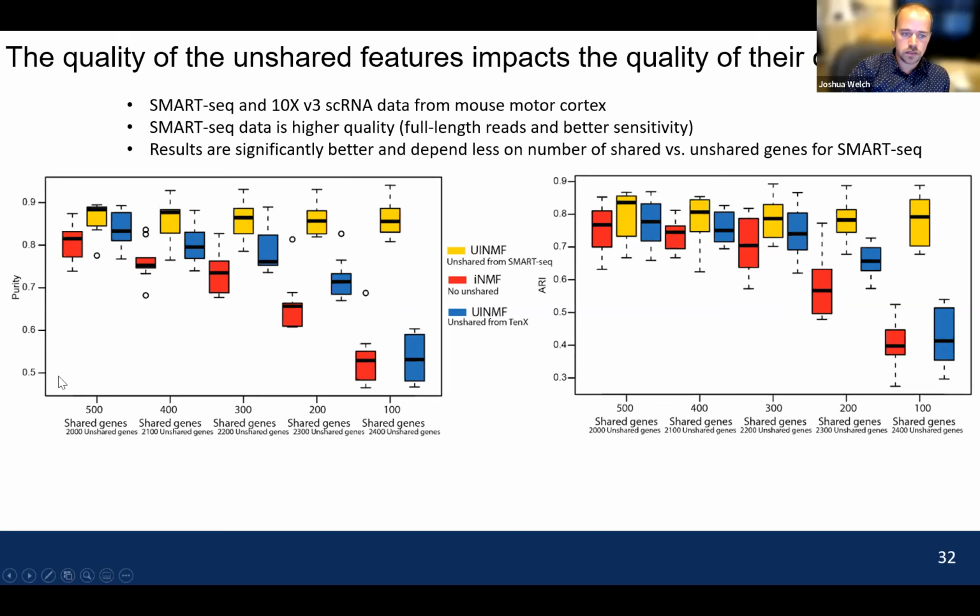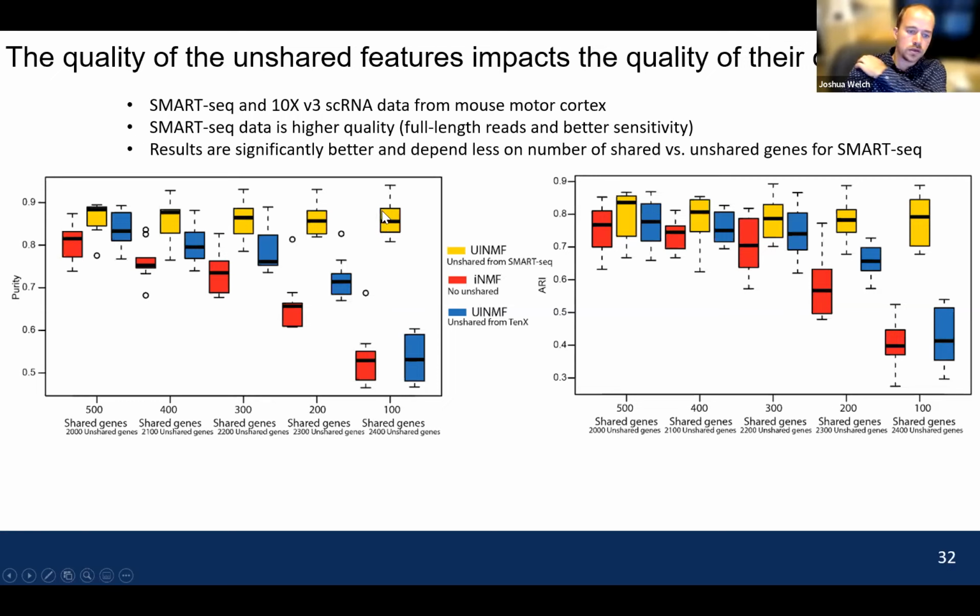So the specific analysis that we did was we reduced the number of shared genes from 500 to 100 in increments of 100. And then we incorporated unshared genes by selecting variable genes from either the 10x or the SMART-seq data set. If the unshared features came from the SMART-seq data set, we could see a pretty good preservation of the cluster purity compared to the clusters we get if we use all the variable genes from both data sets.